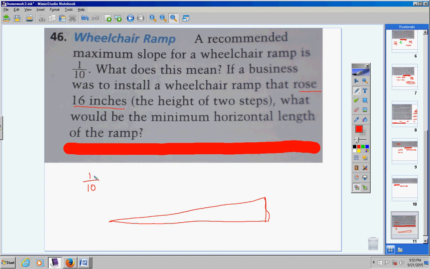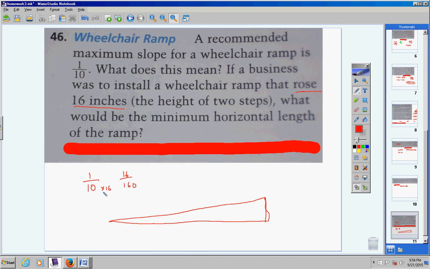So your slope is rise over run; for every 1 inch you rise, you must run 10 inches. Well, you're going to rise 16. So think about this. If you took the 1 and multiplied it by 16 to get 16, take the 10 and also multiply it by 16, you get 160.